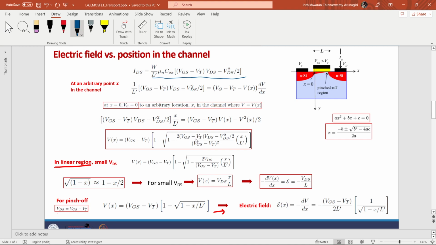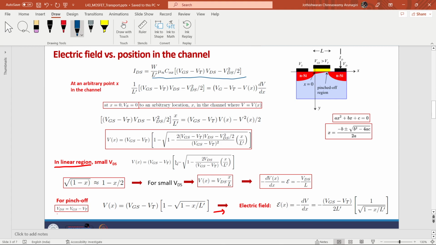Okay, so typically this is a complicated relation, but for various approximations we can write different versions of the formula. When Vds is very small, I can neglect this Vds square term. So what we will be left with is this, because this Vgs minus Vt and Vgs minus Vt will cancel.